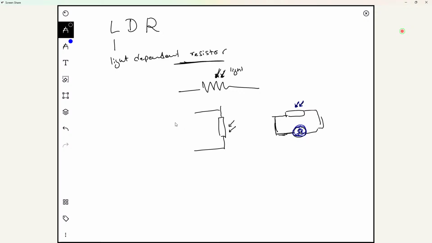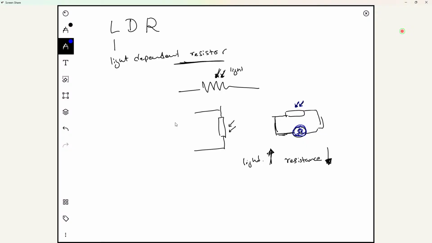When light is high, what do you think? Resistance will go up or down? Resistance should go down, right? So when there's high light, usually the resistance will decrease.